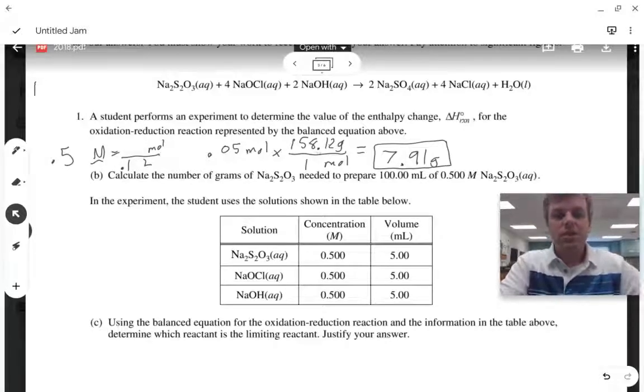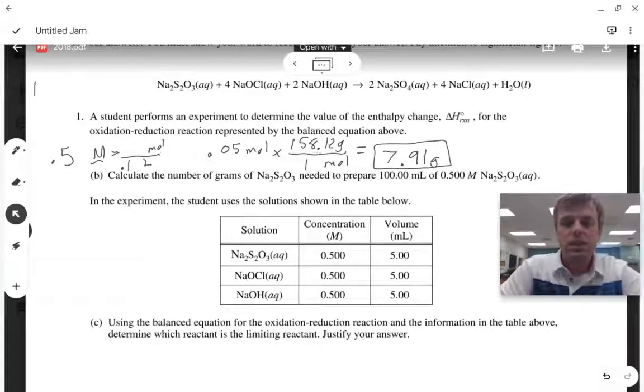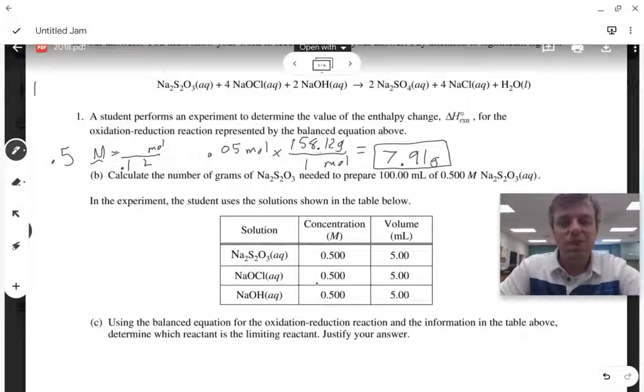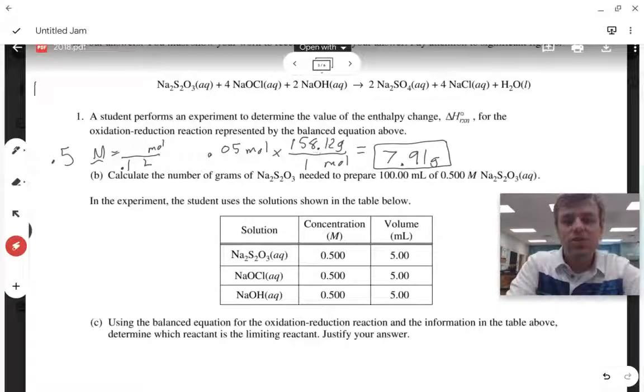Next, in part C, it says, using the balanced equation for the oxidation reduction reaction and the information in the table above, determine which reactant is the limiting reactant. Justify your answer. Now, what you should notice is that our concentration and volumes are the same. So since we have the same constant molarity and the same volumes, we have the same number of moles of each of these things.